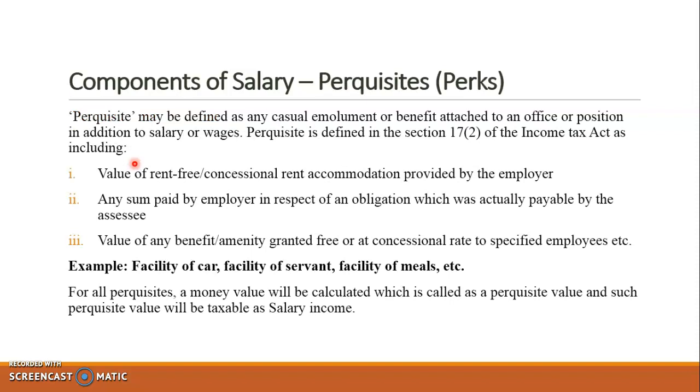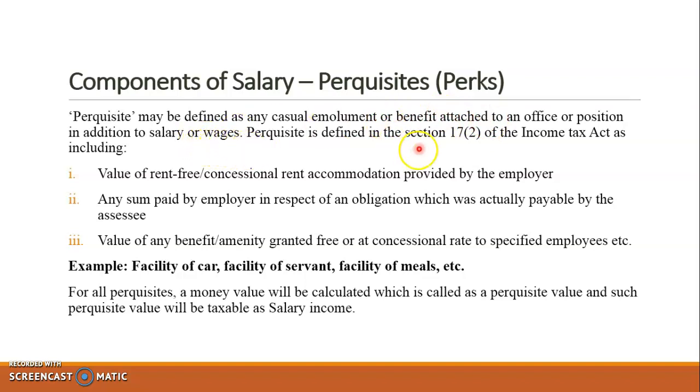Now, the next component, very important, is perquisite. Perquisite may be defined as any casual emolument, which could be a benefit or any monetary payment or anything which has some value attached to an office or position in addition to salary or wages.